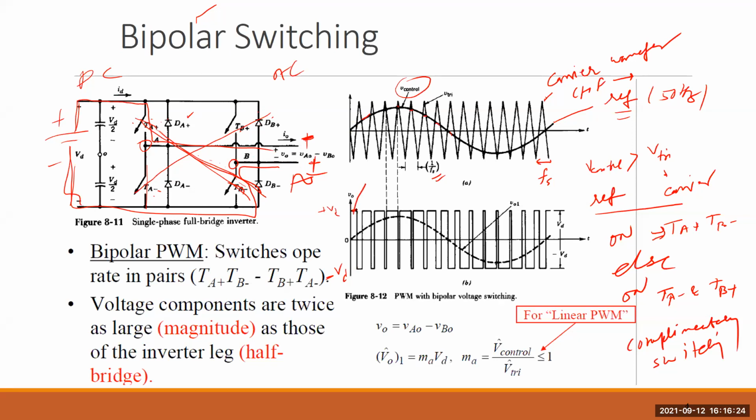So whenever TA plus and TB minus are on, V naught is VD, and whenever TA minus and TB plus are on, you get minus VD.